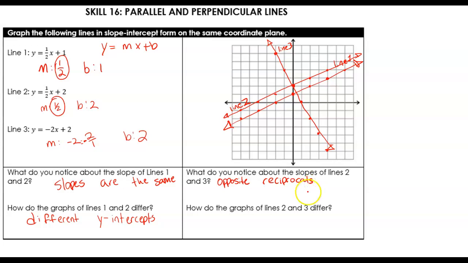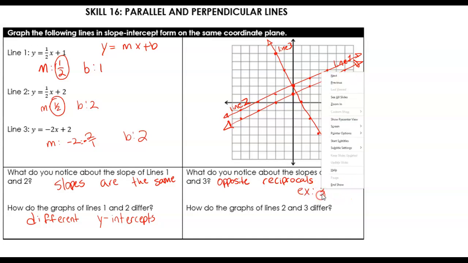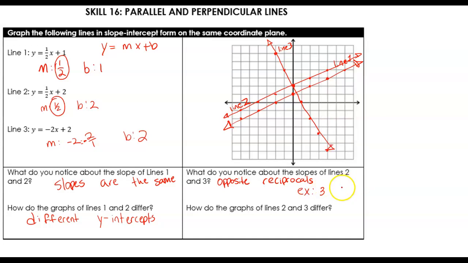If you remember, a reciprocal, as an example, the reciprocal of 3 is 1 over 3. And the opposite of 3 is negative 3.